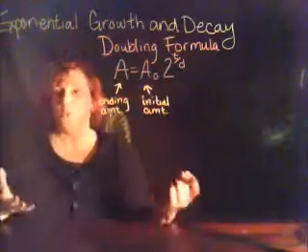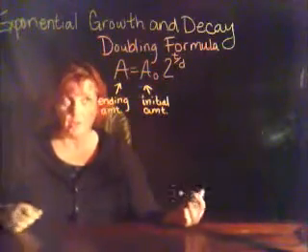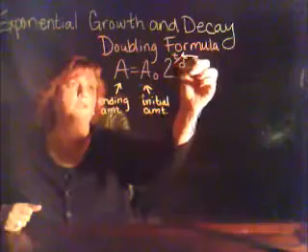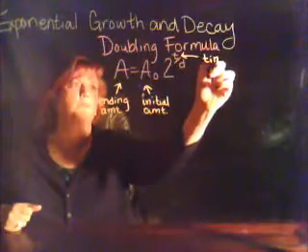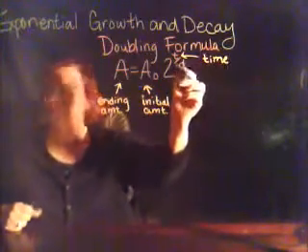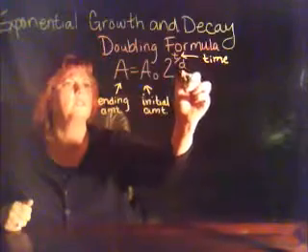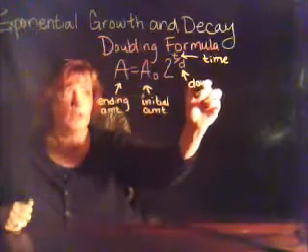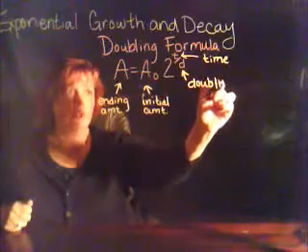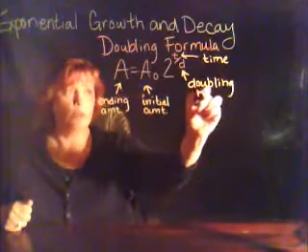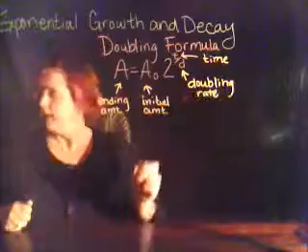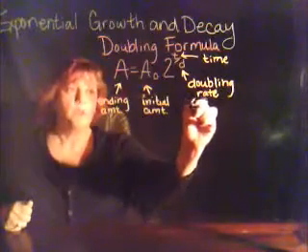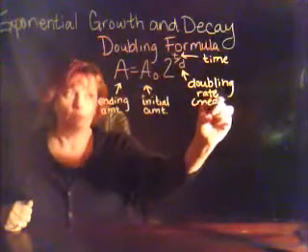And our 2 refers to the doubling in the population. T is going to be our time. And the d, instead of a growth rate, it is a doubling rate. How long does it take to get to double? And it's also measured in time rather than percent.